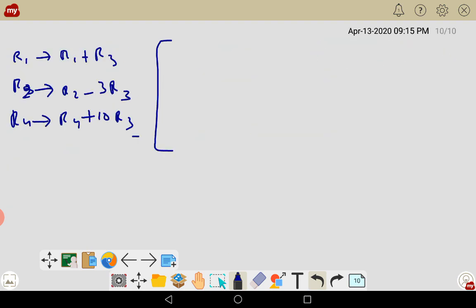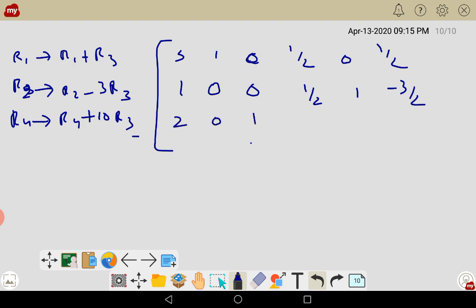Try yourself. I'm just writing the answer. 3 1 0 1 over 2 0 1 over 2 1 0 0 1 over 2 1 negative 3 over 2 0 1 negative 1 over 2 0 1 over 2. This is 8 0 0 3 0 5.